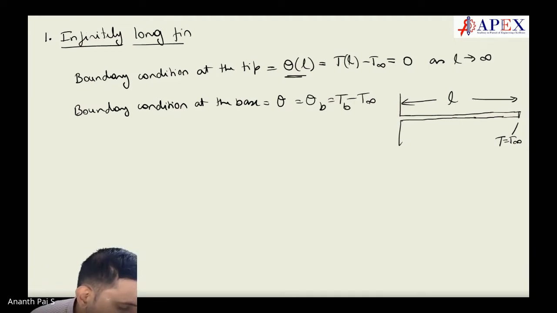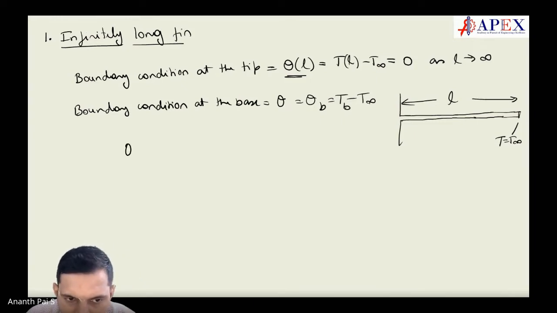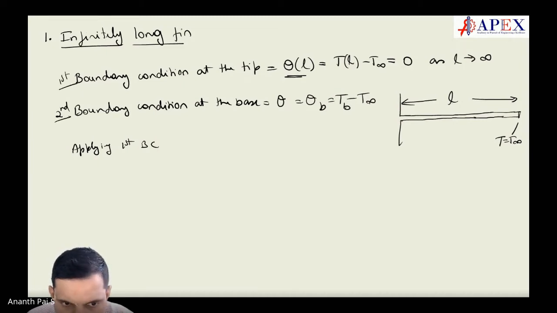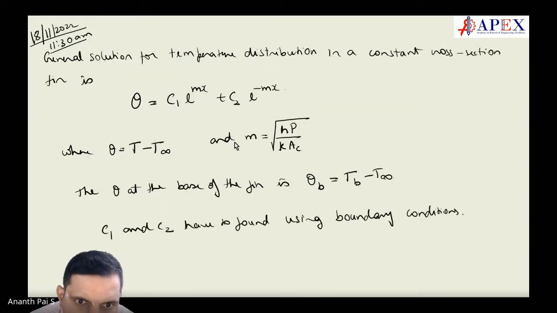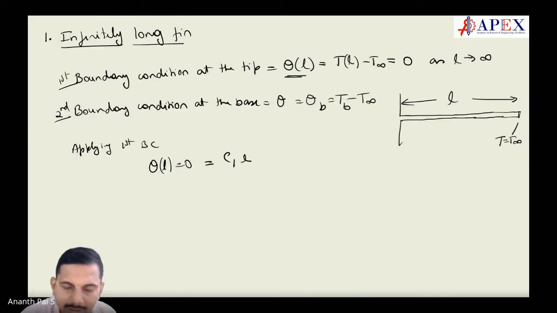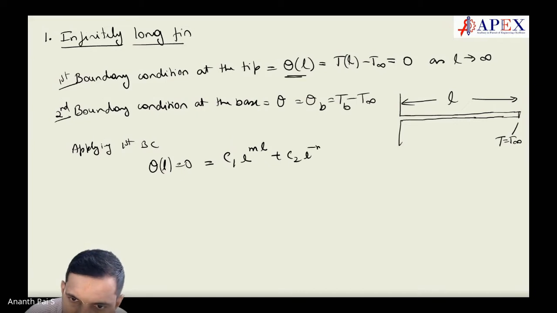So if you do that, let us see. Applying the first boundary condition, this is the first BC, this is the second BC. What we get is theta at L, which is equal to 0, is equal to C1 e power plus mL plus C2 e power minus mL.